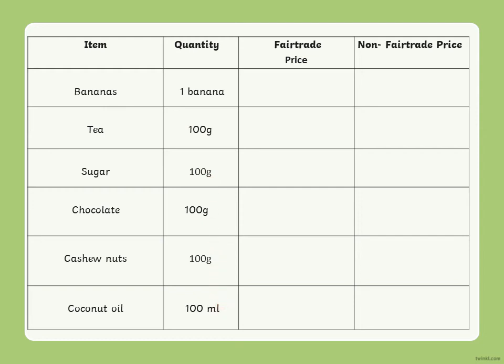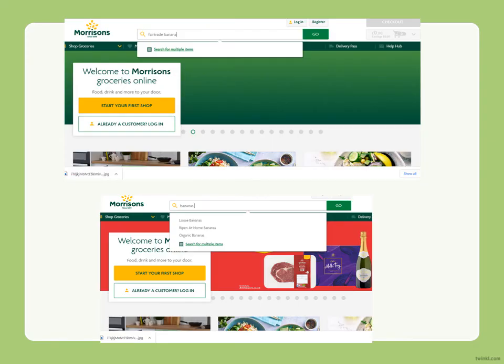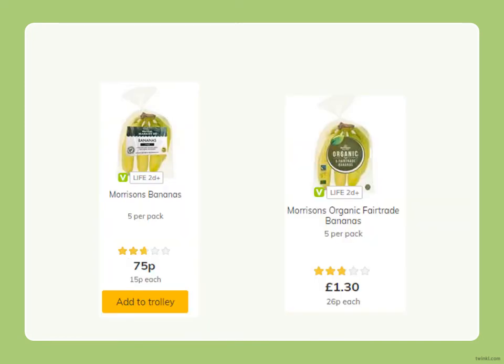Okay, let me show you what we are going to do then. So to start with, I've gone on the Morrison's website. I've searched fair trade bananas, then I've just searched normal bananas, okay. Right, so you can see that Morrison's bananas, a bunch of them will cost 75p or 15p each.